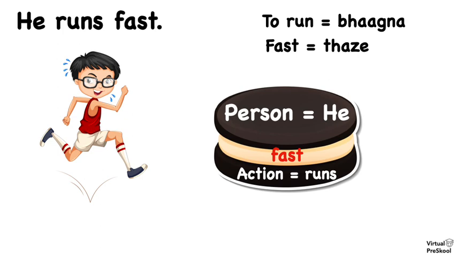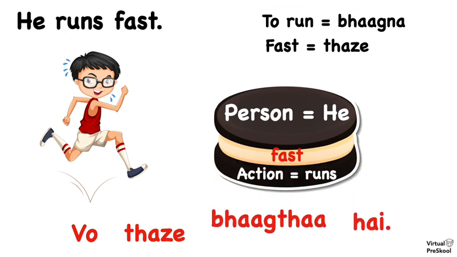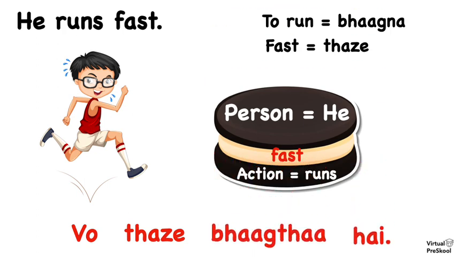So now put it together. वो तेज भागता है. And if you're getting confused on the word order, use your Oreo cookie on the screen. Use your Oreo cookie as your guide. The top, the middle, and the bottom. All right? वो तेज भागता है.